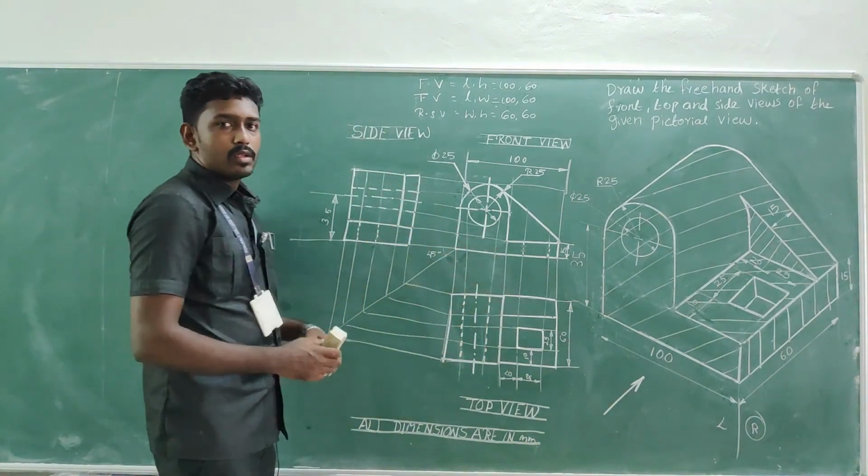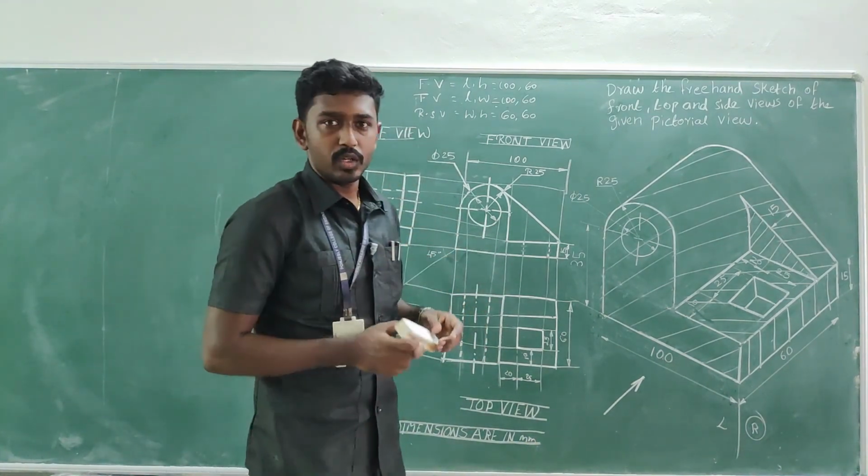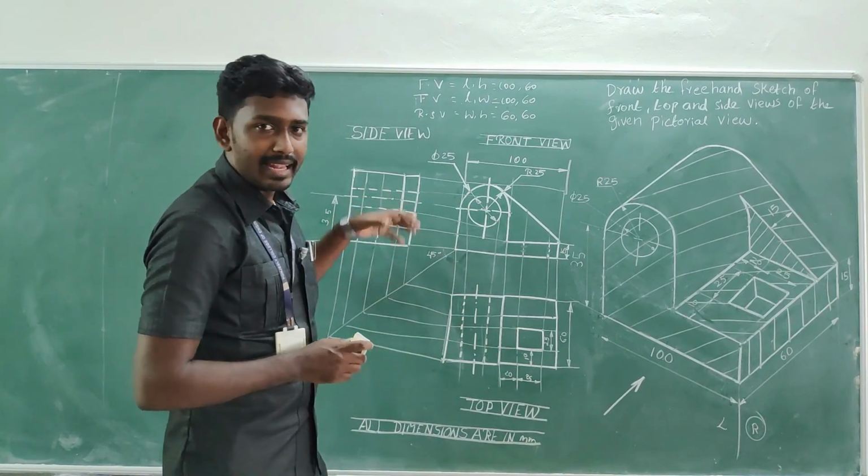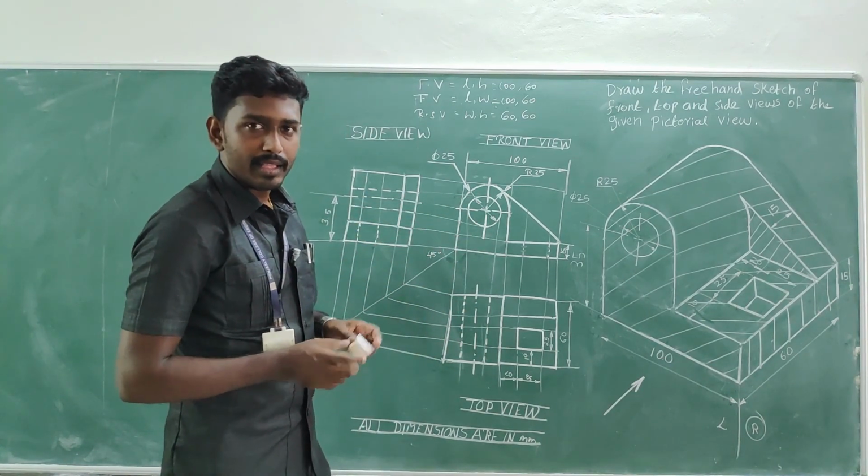Okay, so I hope you got a good idea how to extract the front view, top view and the side view from the given pictorial view. Thank you so much.